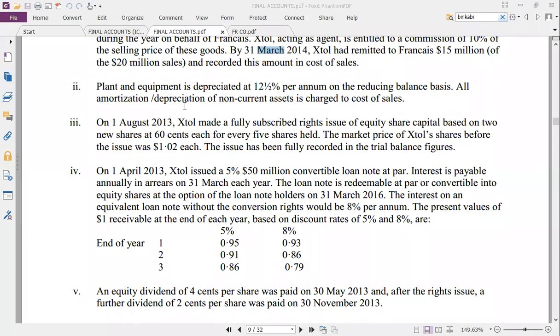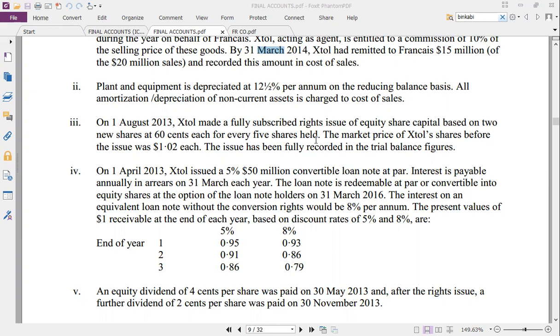Let's move on. Exxon made a fully subscribed rights issue of equity share capital based on 2 new shares at 60 cents each for every 5 shares held. The market price of the shares before the issue was $1.02 each.